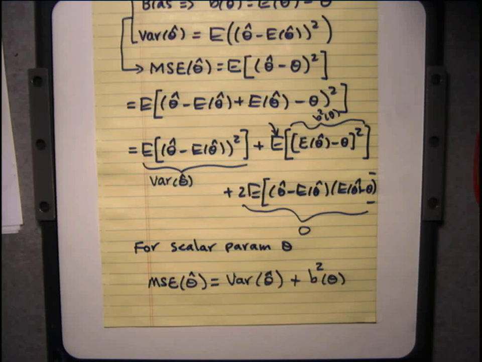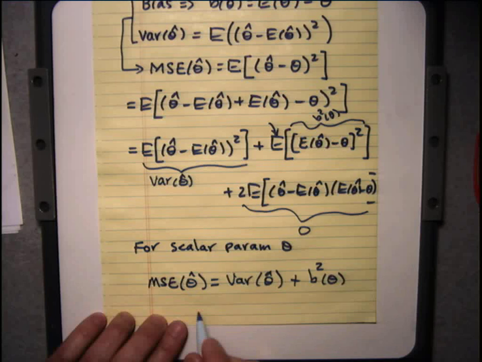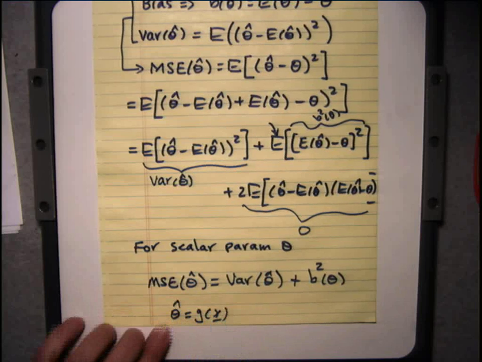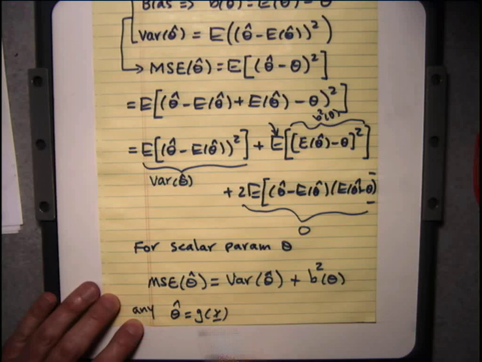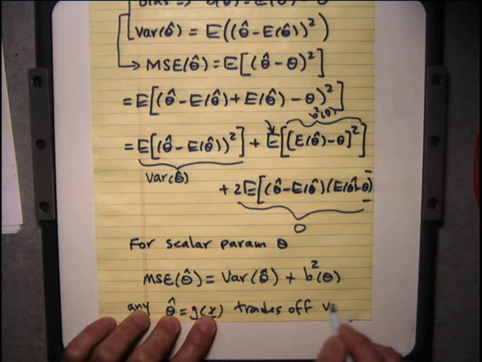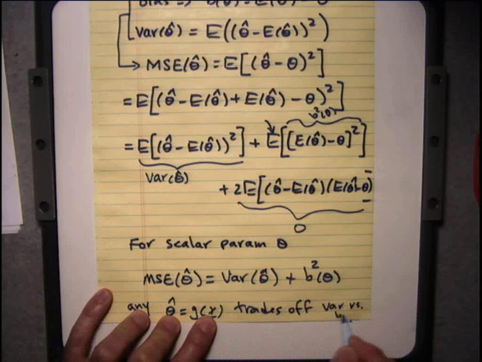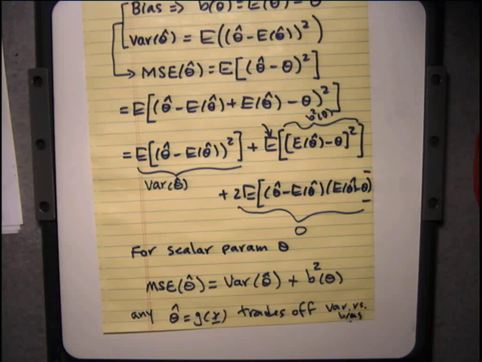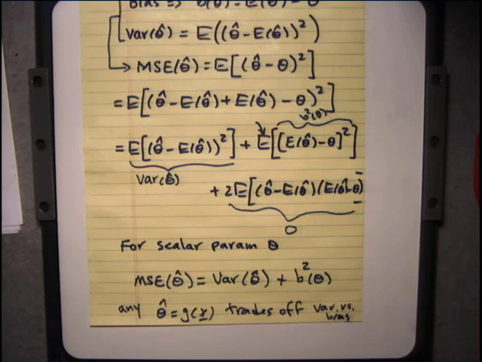Now it turns out that whatever estimator you pick, suppose you pick some estimate theta hat equals g of x, where x is your data, any estimator trades off variance versus bias. So what do I mean by that? Let's say each one of us picks a different estimator, and we go home and do a big simulation and come back with our results.